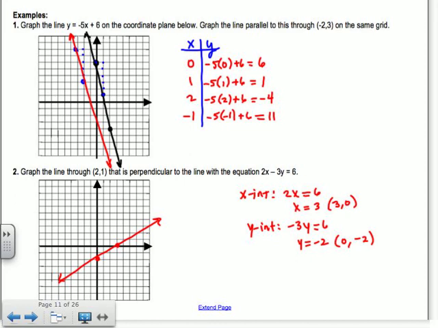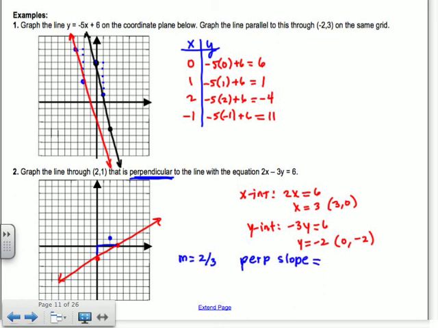Okay, we want to be perpendicular through (2, 1). So graph (2, 1). So it's right there. Notice your slope of the last one, you went up 2, over 3, so it was 2/3. So my perpendicular slope is the opposite reciprocal.